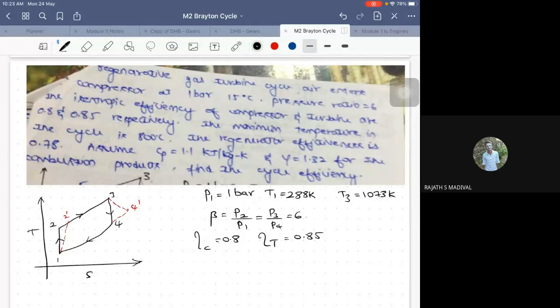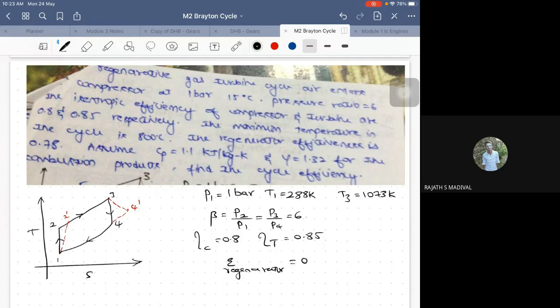The regenerative effectiveness is 0.78, he says. So regenerative effectiveness, you'll come to know what exactly that is. Just write the effectiveness, indicated by this particular symbol of a regenerator. The effectiveness of this regenerator is 0.78.